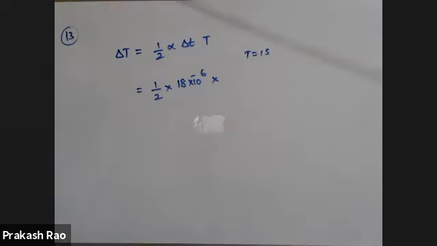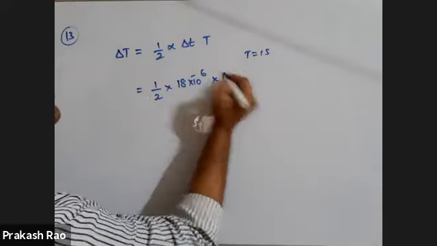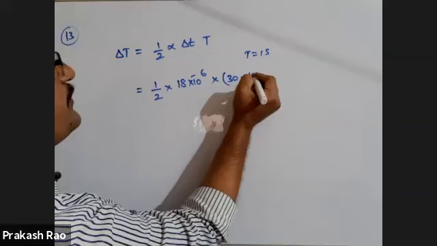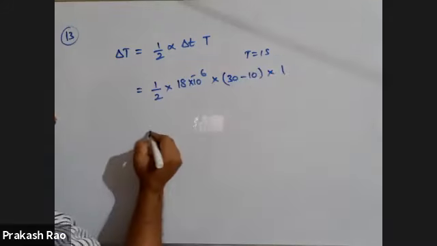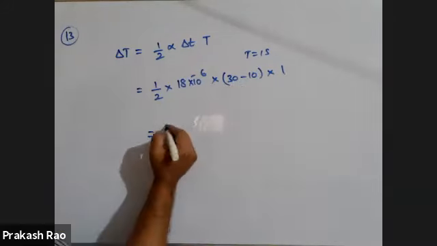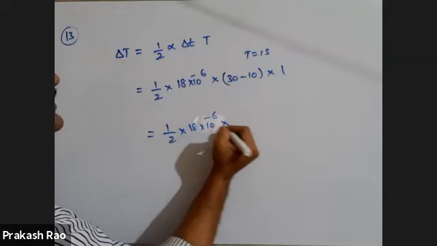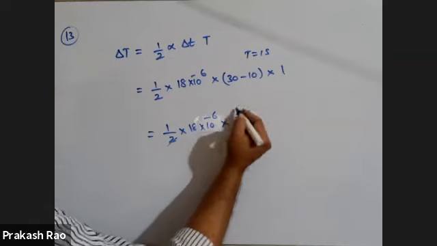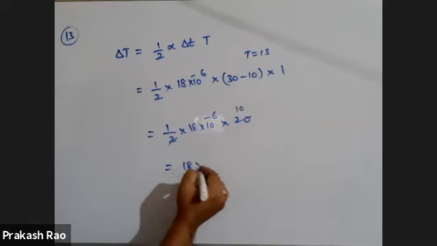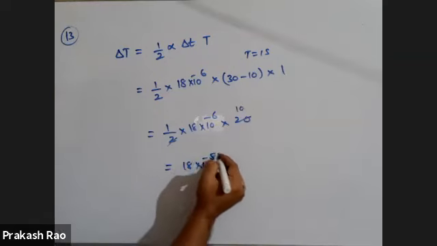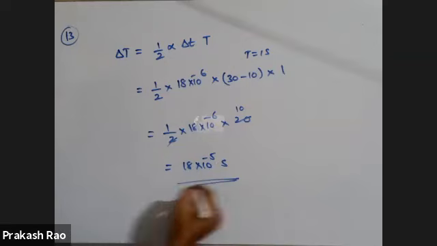The temperature difference is 30 minus 10, that is 20. So 1 by 2 into 18 into 10 power minus 6 into 20. This is cancelled. This is equal to 18 into 10 power minus 5 seconds. This much time will lose.